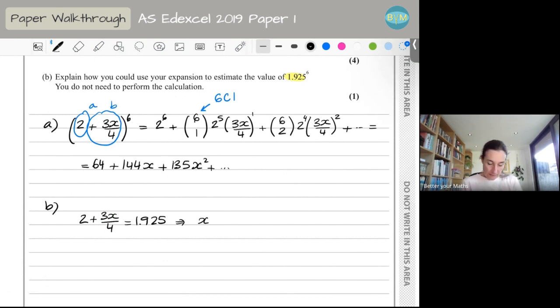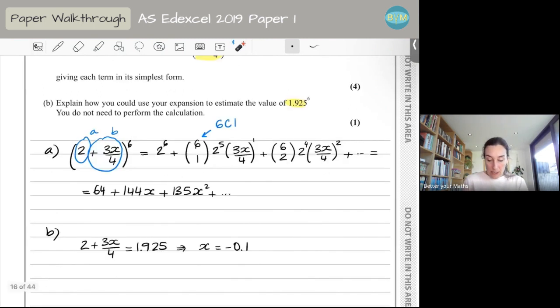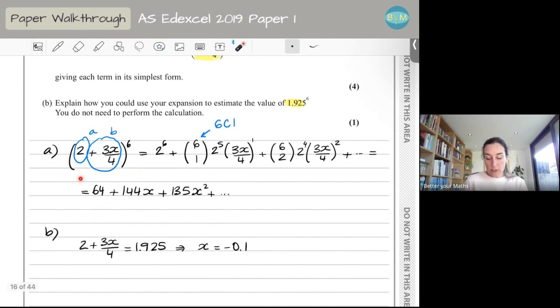The x is minus 0.1, which is quite a common x for these questions. These questions, when you find x, usually is going to be a very small number, 0.1, 0.01, 0.5, because when you use your approximation, these powers to the power of 3, to the power of 4, when the number is smaller than 1, they are just going to be smaller and smaller.